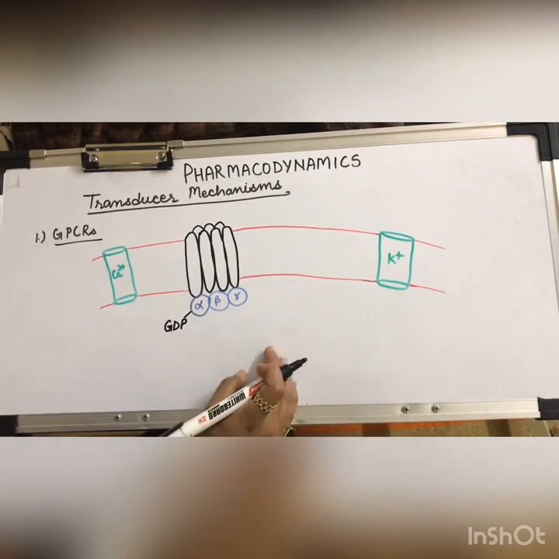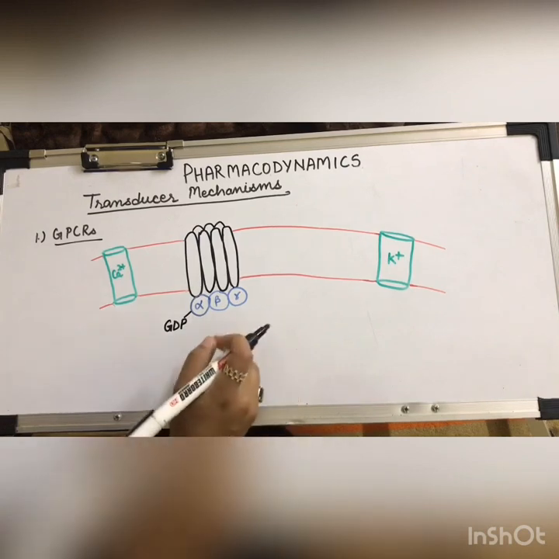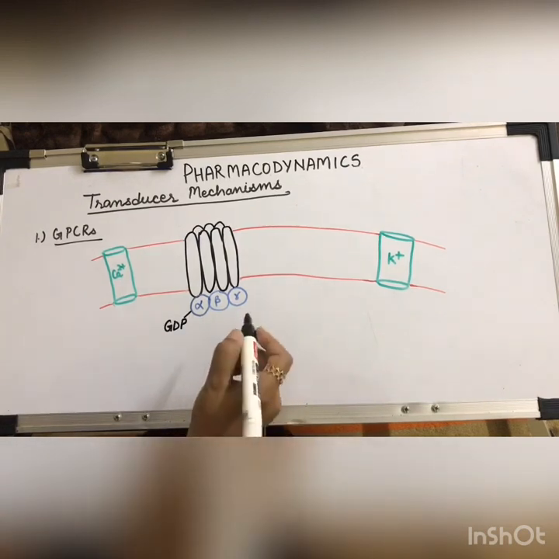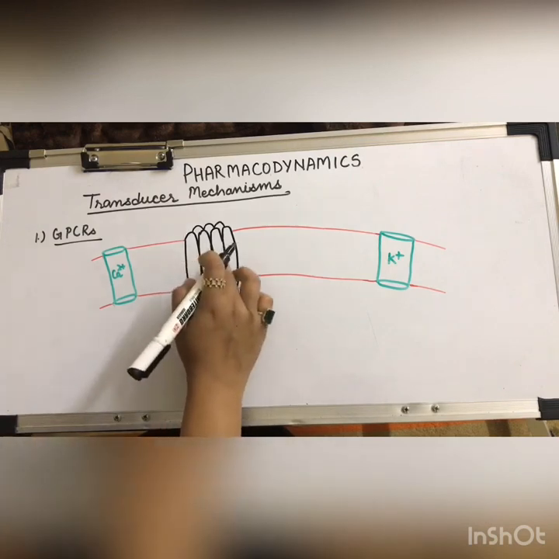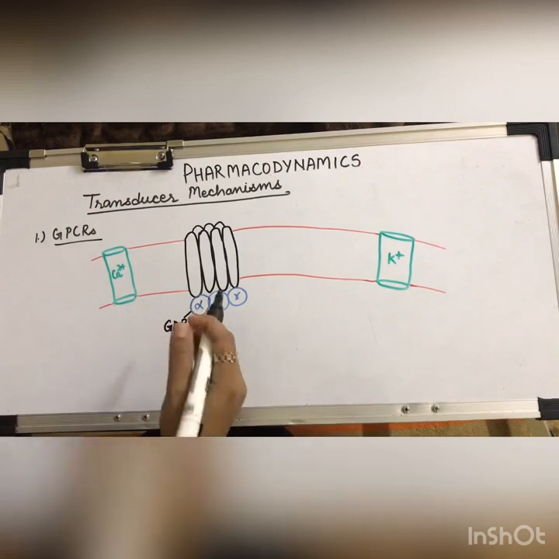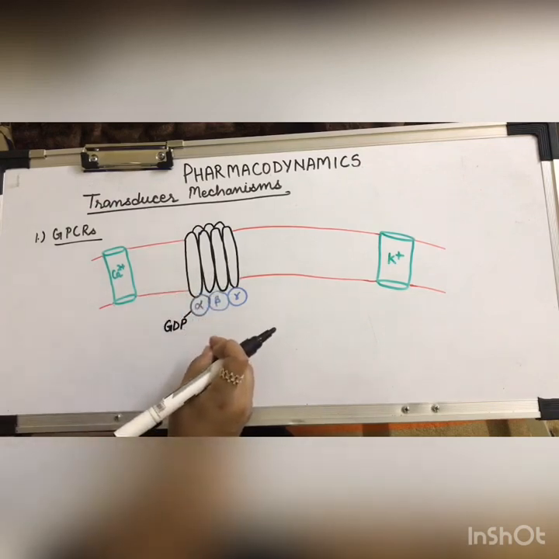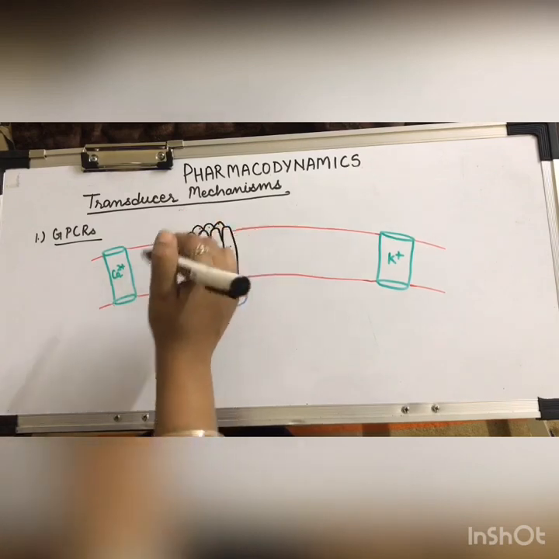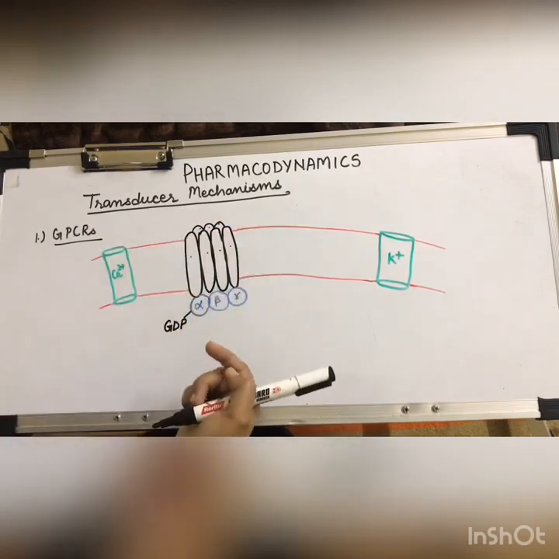triphosphate activated proteins. As far as the structural organization is concerned, there are 7 alpha helical membrane spanning units. These are the amino acid segments, and there are 7 of them, which are alpha helical segments.